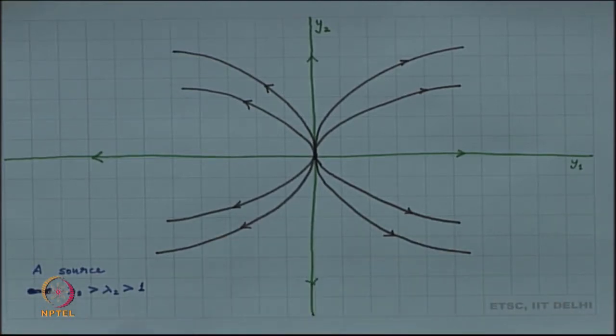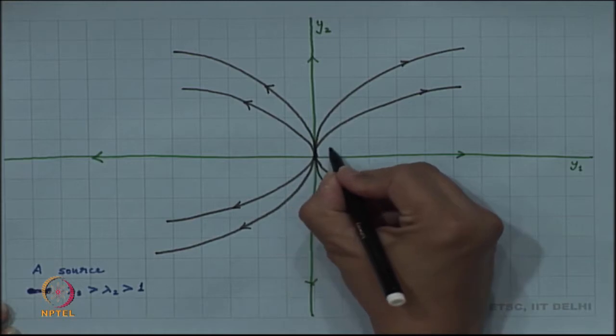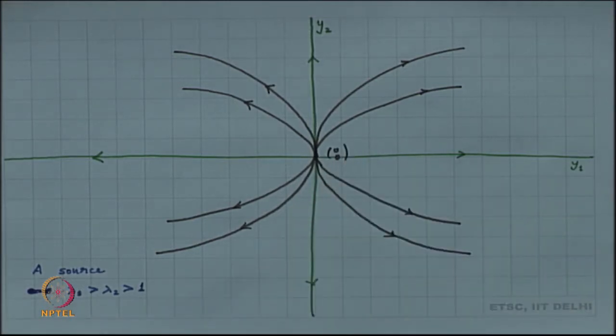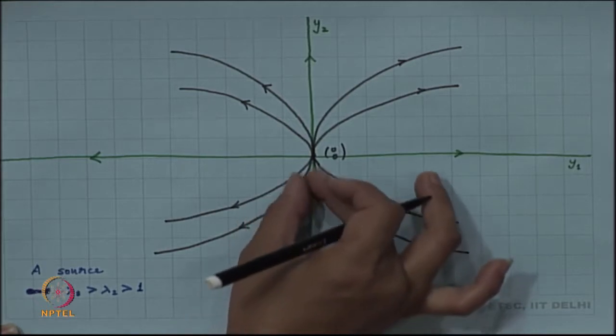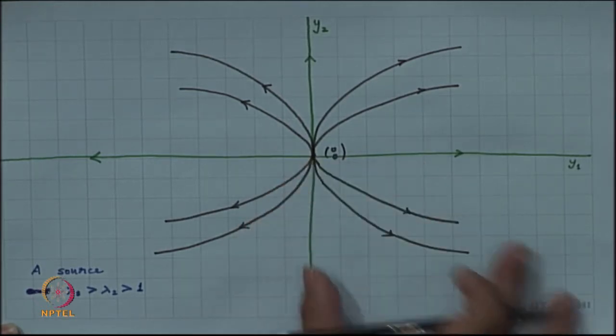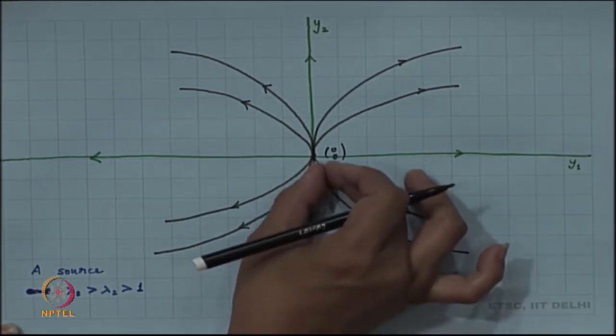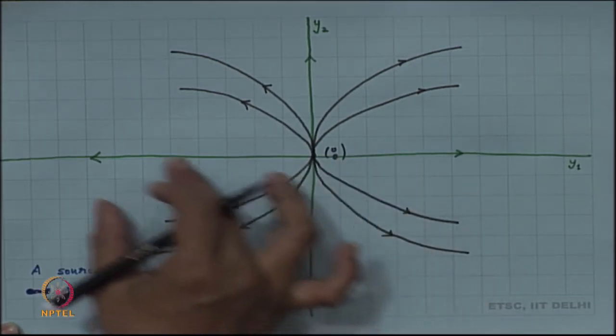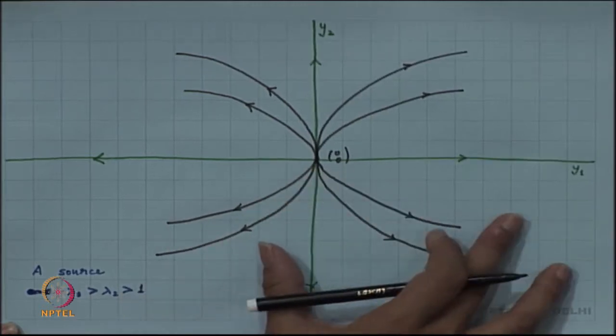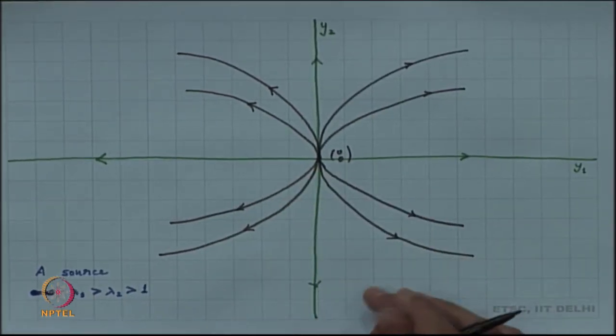Your origin happens to be a source here. In the negative direction it is asymptotic to y2. So, the orbits are asymptotic to y2 as n tends to minus infinity, and then they are dominated by y1 because it is more increasing towards the y1 direction as n tends to infinity.